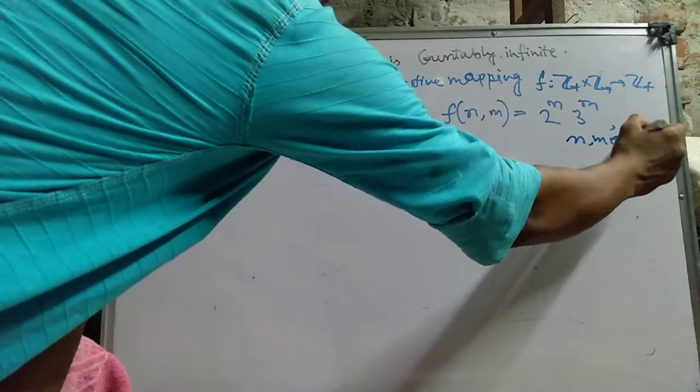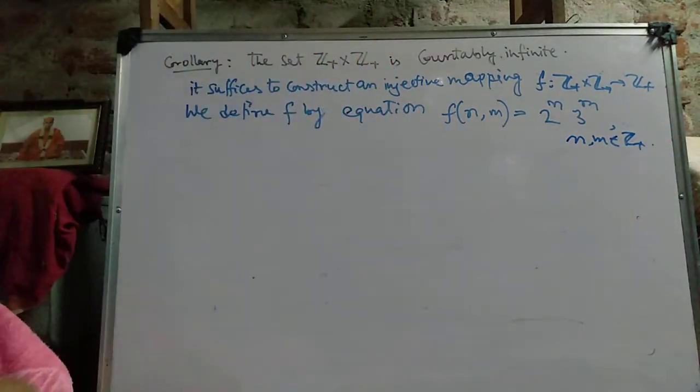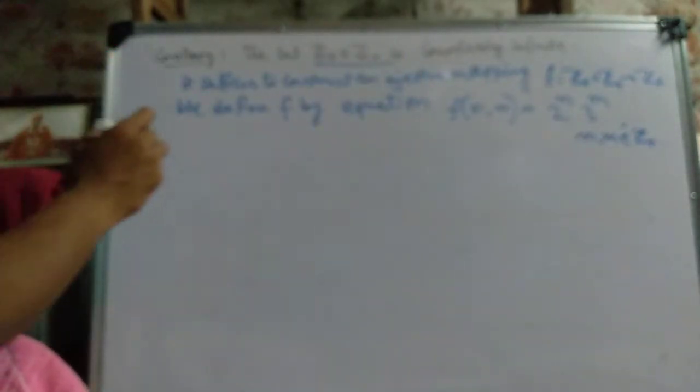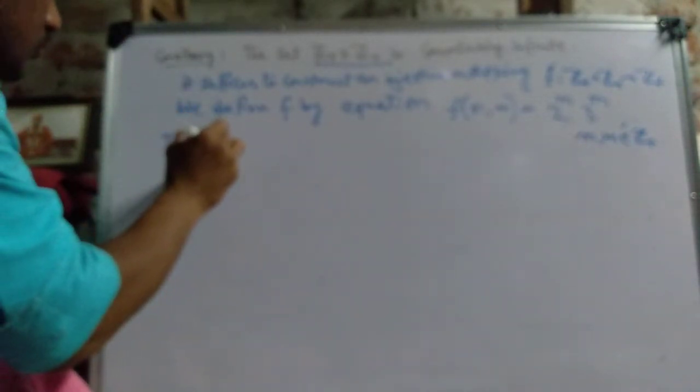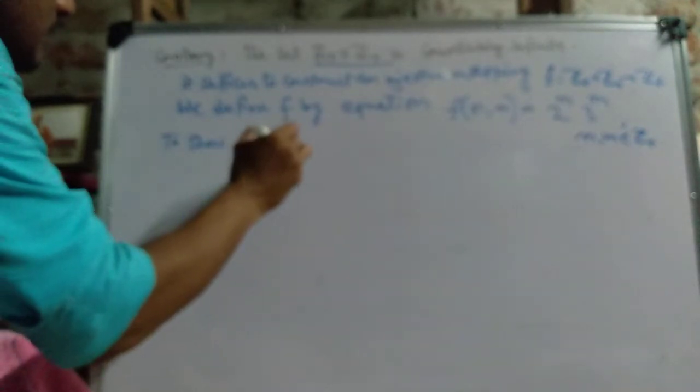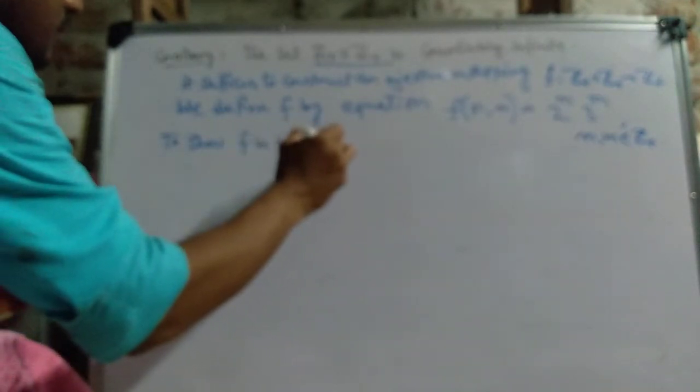Now we show that f is injective. Then this set is countably infinite.